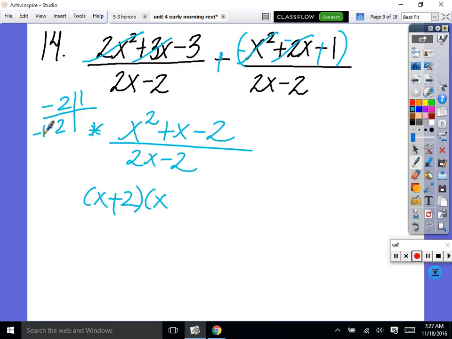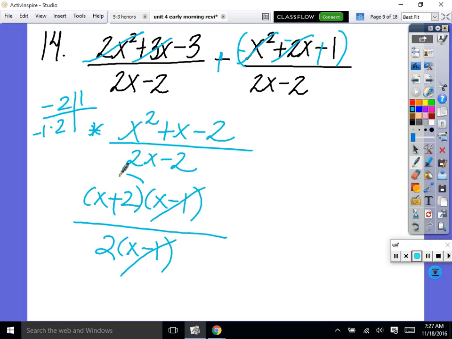Okay, so it's x plus 2 and x minus 1. Everybody good with that? Then on bottom, what do we factor out? 2, left is x minus 1. So then you'd say that is my answer. I didn't say I have to exclude any values, so now I can divide those out. So my final answer would be x plus 2 over 2. Our last step was just making sure it didn't simplify. This one did.